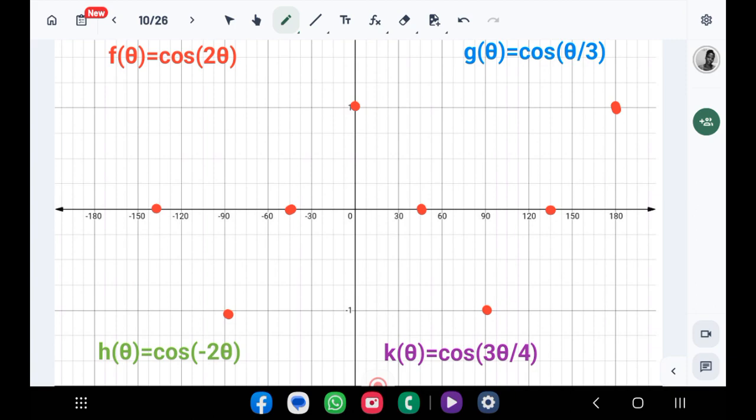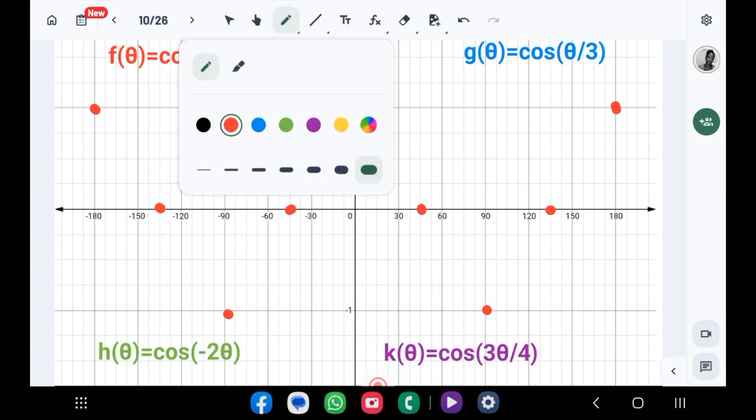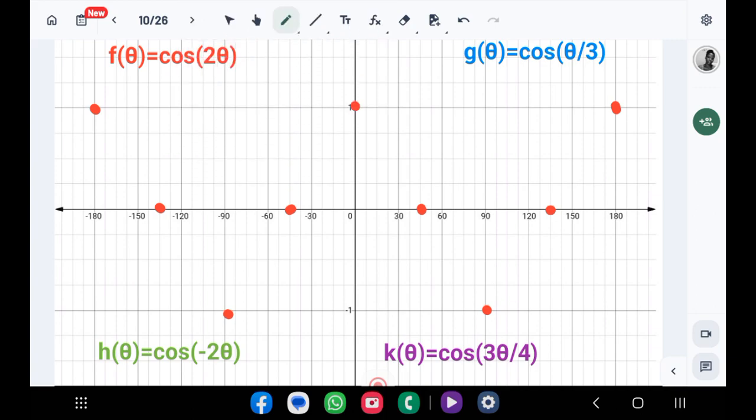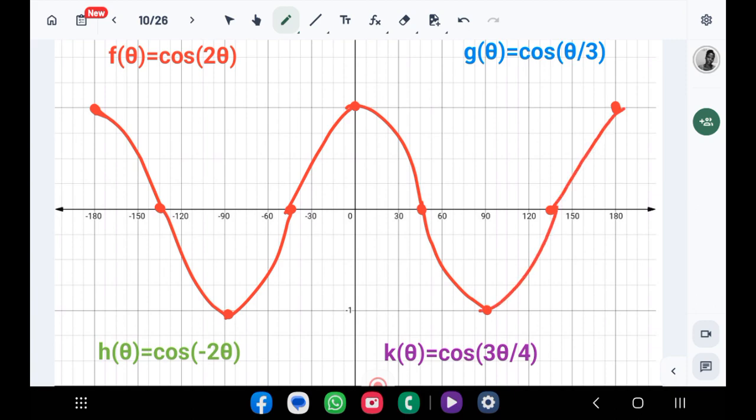And then the last one is a maximum turning point at negative 180 degrees. So all I've done basically is duplicate and mirror the points. Now we join the points together. That's how you join the points. Easy peasy, once you get the points located in the right places. Okay, let's fix the last one. That is the graph of f of theta equals to cos of 2 theta.